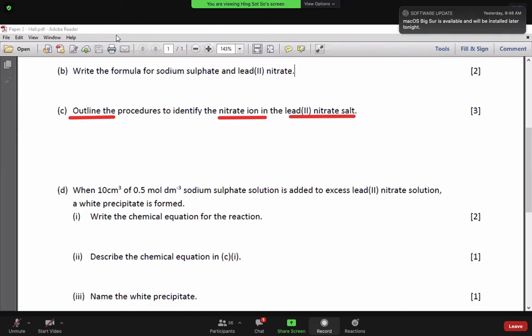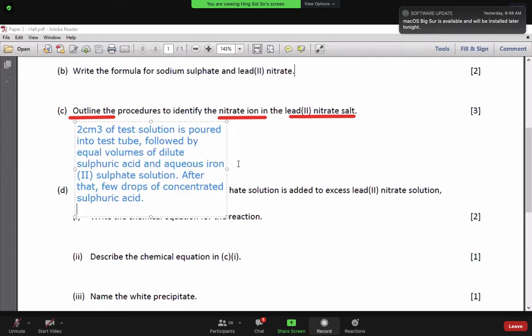Give me. Very good. So I saw the correct answer already from your friends. Okay, so that will be the last step. Okay, next one.